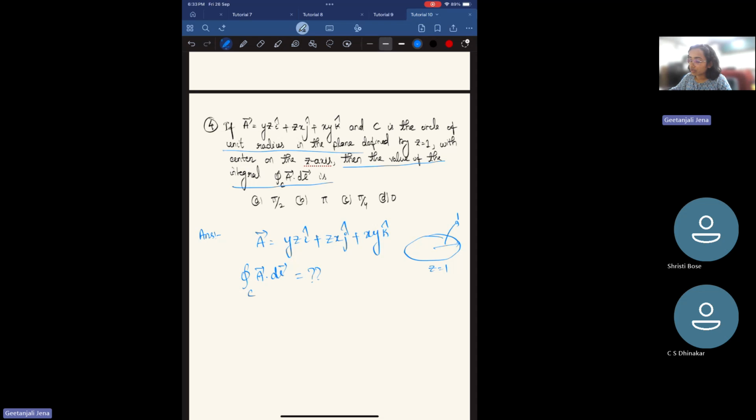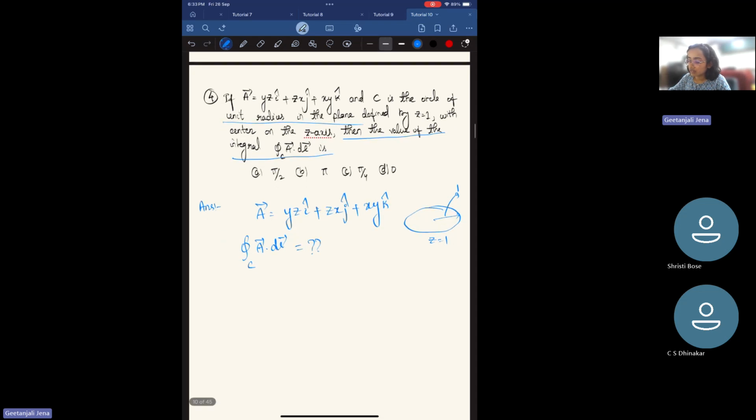The other thing that you can do is, if you recall, we have to take the line integral of A dot dl across this circle. So it's related to the curl of A also, curl of A dot ds, right?